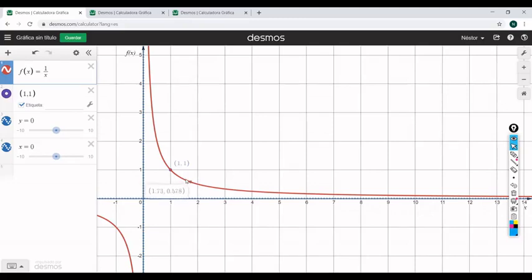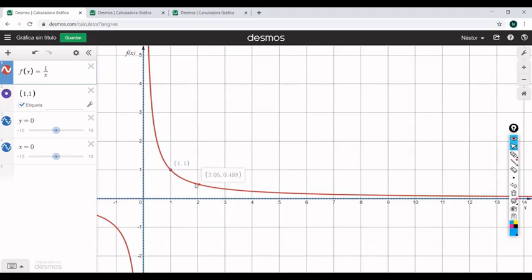And basically what I want you to pay attention to is these two values of, I don't have two cursors, so you have to forgive me about this, but I want you to look at the coordinates, okay? For example, right now, the value of x is 2, approximately, and the value of the function is 0.5.